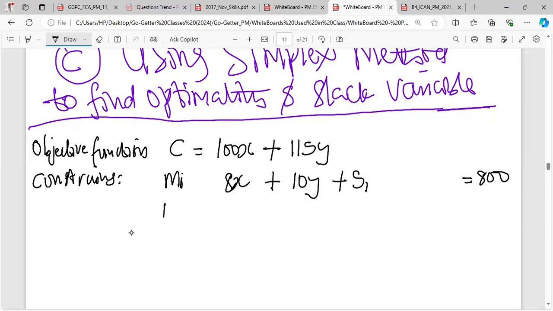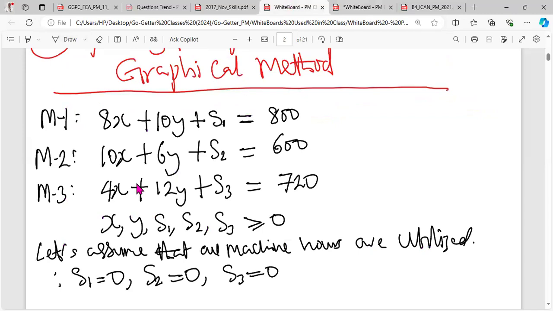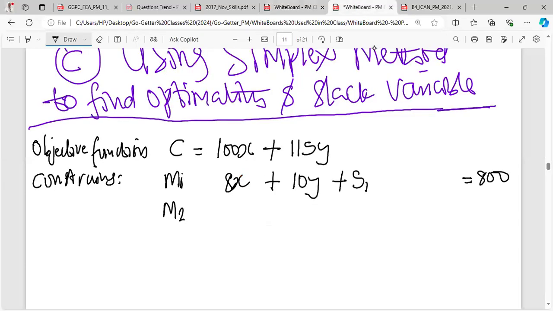Then we have M2. In M2, we have 10x, 6y, S2, 600. We have 10x plus 6y. Now we say plus S2 equal to 600.